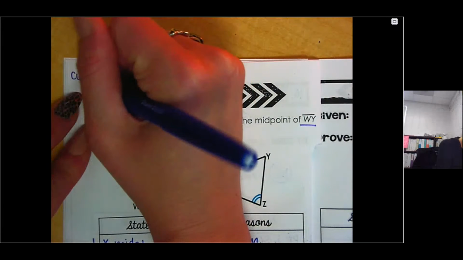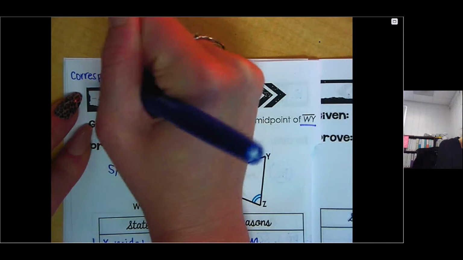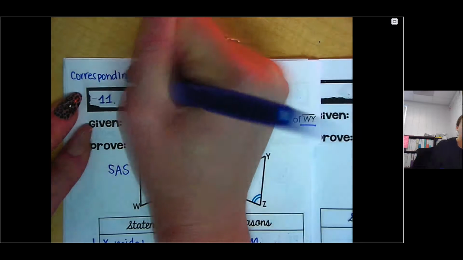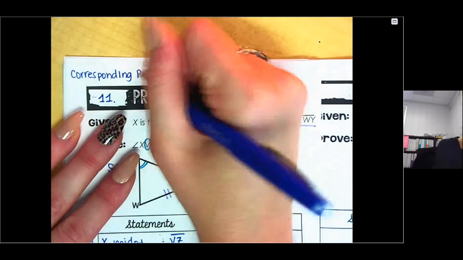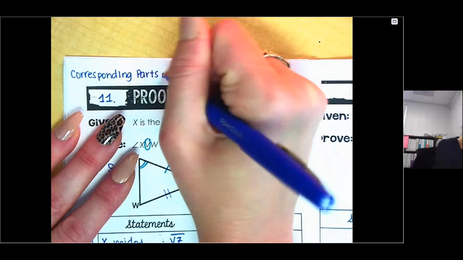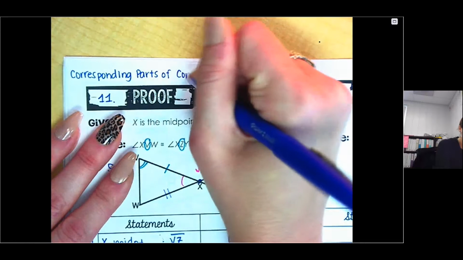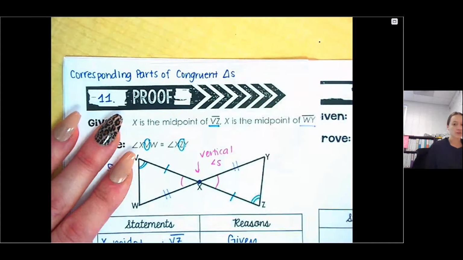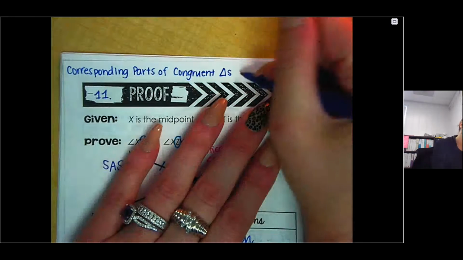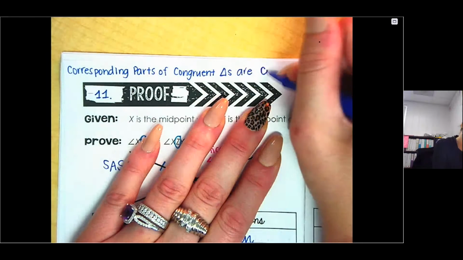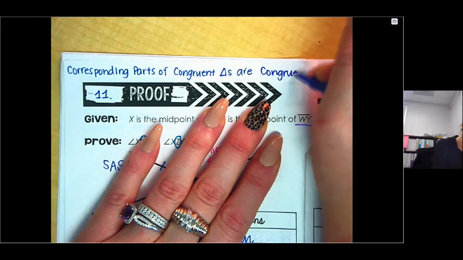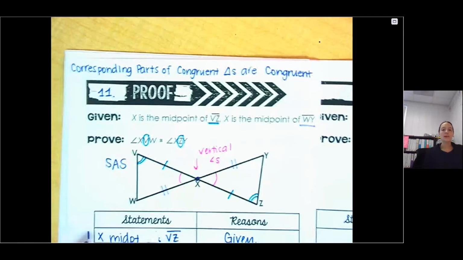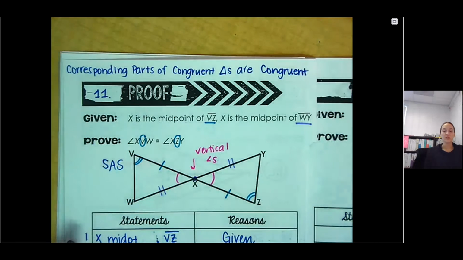So that stands for corresponding, which means same place, corresponding parts of congruent triangles, I'm just going to put a triangle symbol, are congruent. Corresponding parts of congruent triangles are congruent.